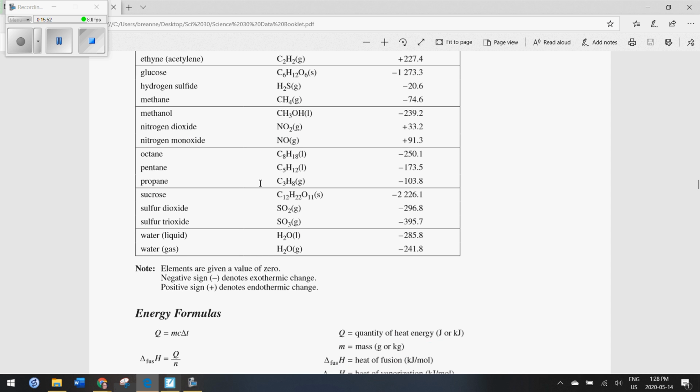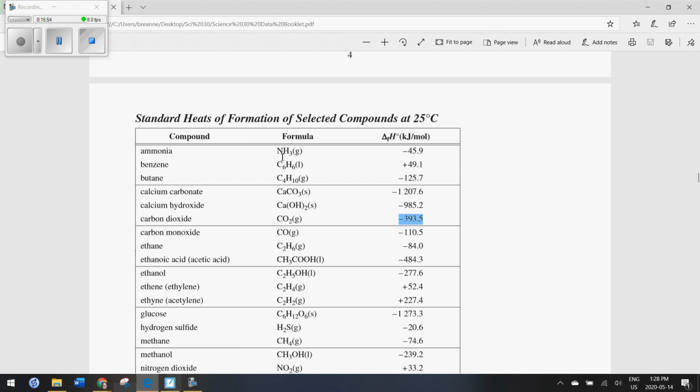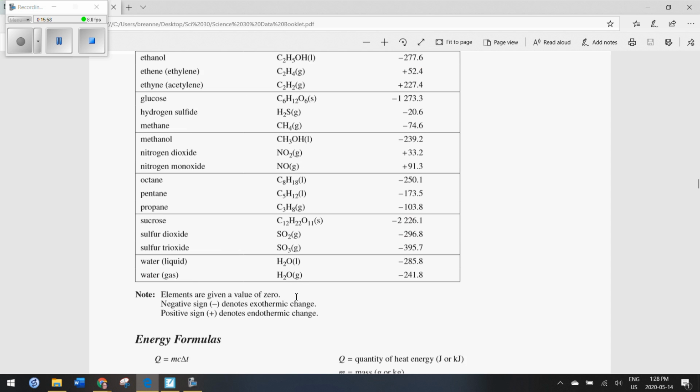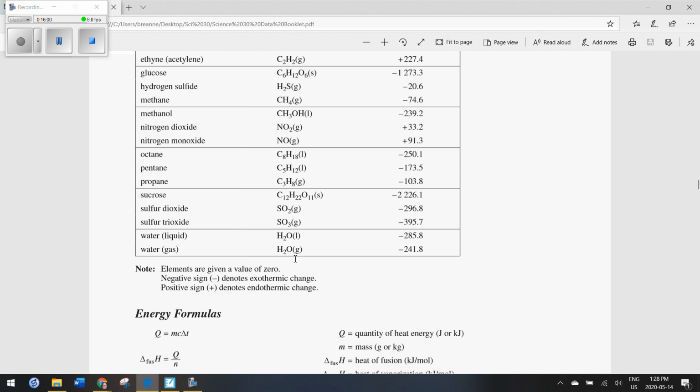Okay, O2 is oxygen. Do you see it? Because I don't. Okay, so one of two things could happen at this point. 1, you forgot that one rule, or 2, they didn't give you enough information.